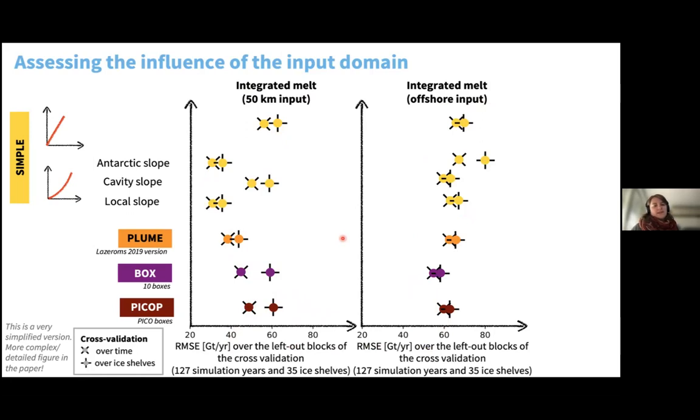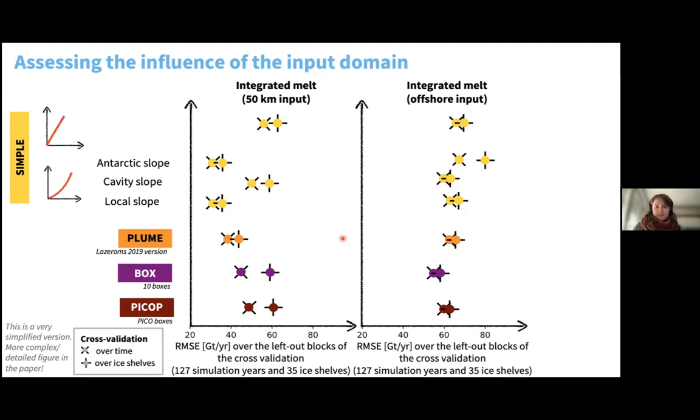So this means that the tuning depends more on the ice shelf we used in tuning than the time blocks, and means also that the parameterization will generalize better over time blocks it has not seen rather than ice shelves it has not seen during tuning.